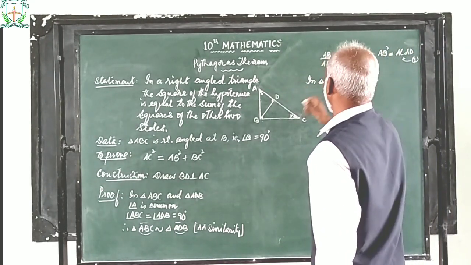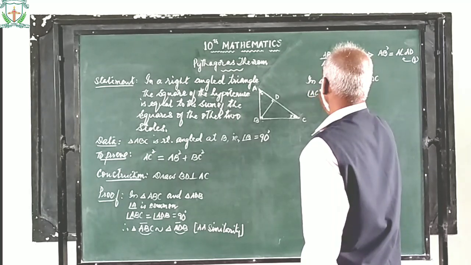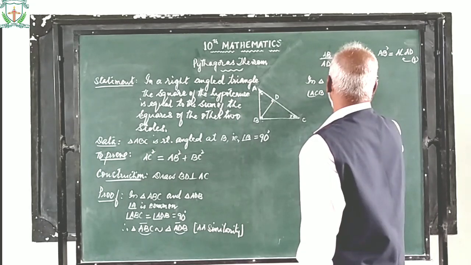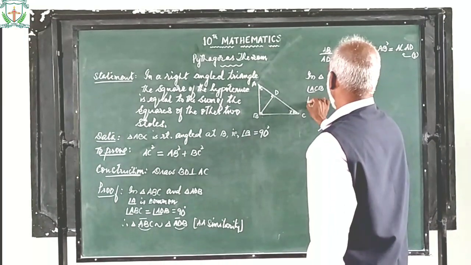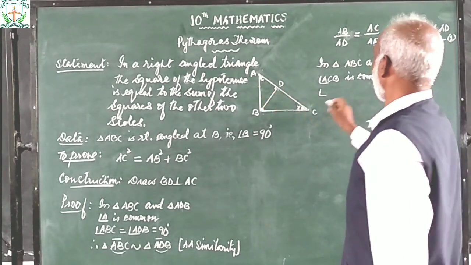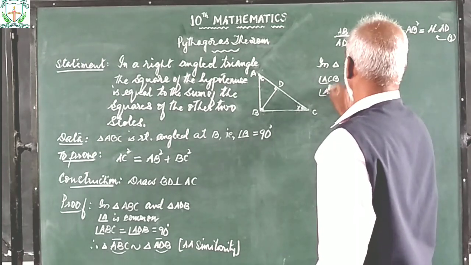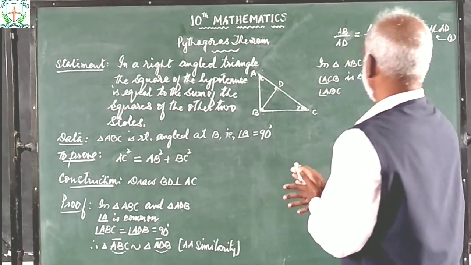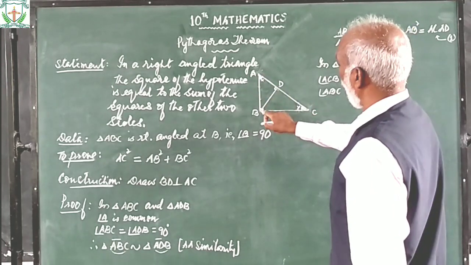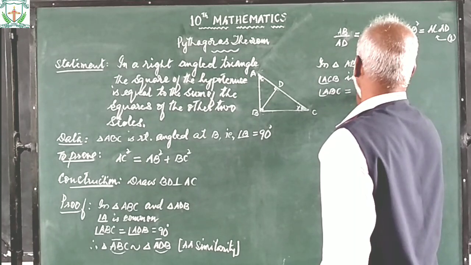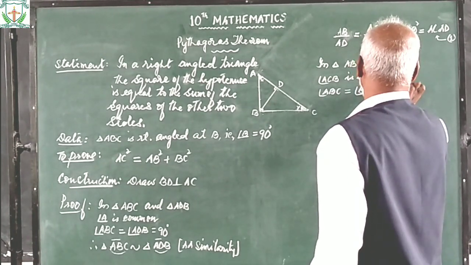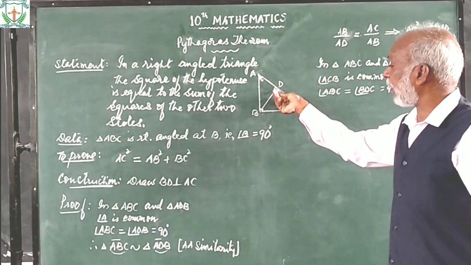Angle ACB is common. Angle ABC is equal to angle BDC is equal to 90 degrees. This angle is 90 degrees by construction.